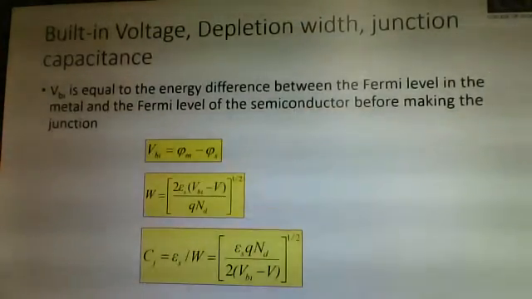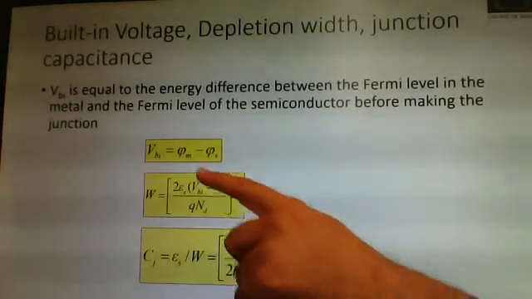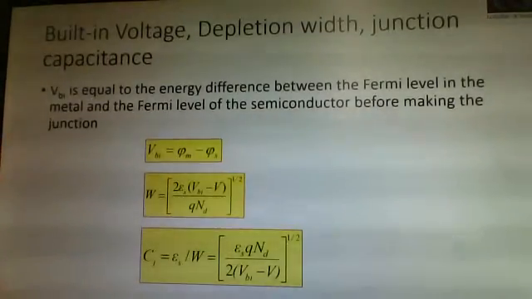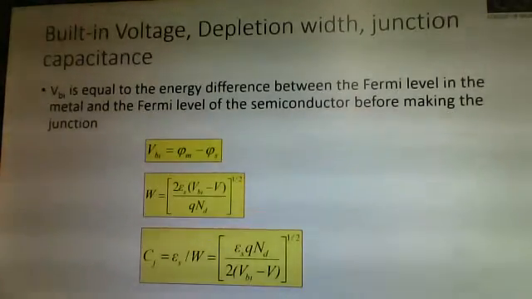If we put in the boundary conditions, we'll find that the barrier, the built-in potential across the junction, would be simply the difference between the Fermi level in the metal and the Fermi level in the semiconductor.